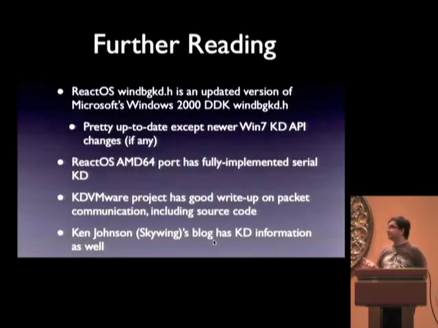KD VMware is a product by, I think, a company called Sysprogs. Basically, if you debug over VMware with KD, you're using a named pipe. KD still thinks this is a serial port, so it's not going to send data at more than 115 kilobits per second, which is really slow. And so what KD VMware does is it goes into VMware's memory and basically creates a fifth kind of KD communication channel.